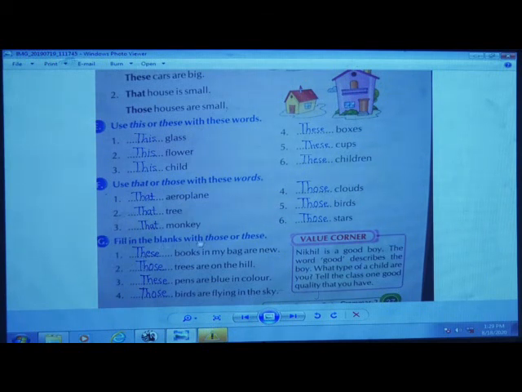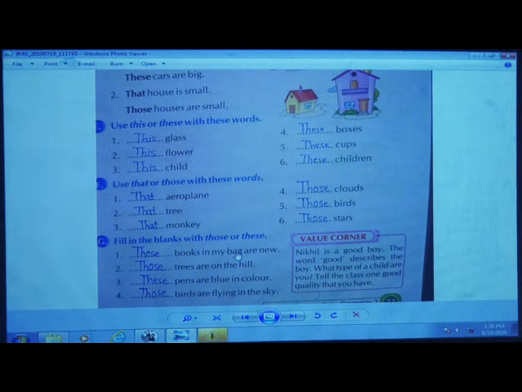Then fill in the blanks with those or these. Now in this, both are used. Those and these. Now when to use those and when to use these? Now see here. These books in my bag are new.